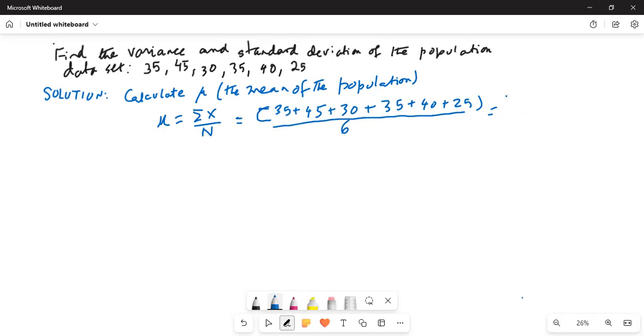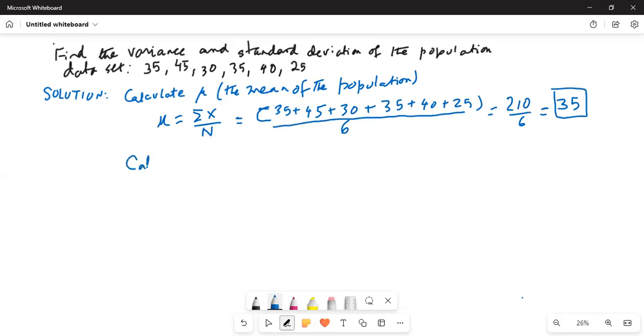It's 210 divided by 6, and that is equal to 35, the population mean. That is a number we have to take into account.